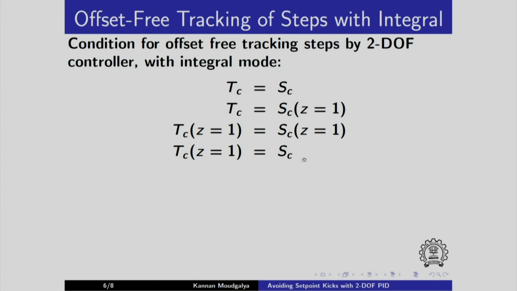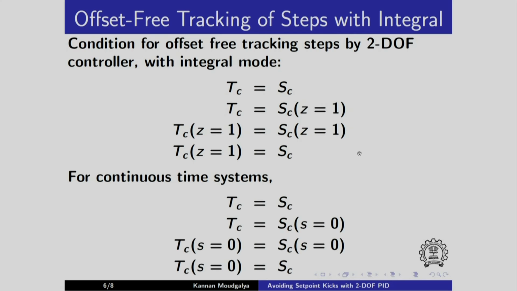Let me summarize the offset free tracking condition for a step input. This is in discrete time mode. For continuous time systems you get this expression, and it is in fact the second condition that we have invoked in the previous slide. If this is satisfied and if you have integral mode, then steps will not produce any offset.